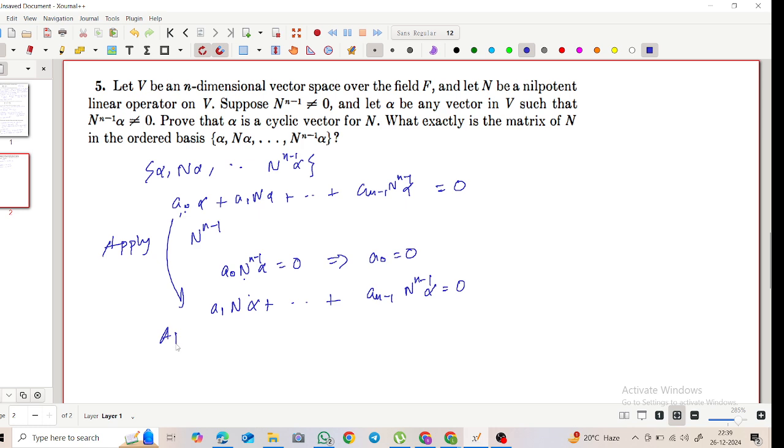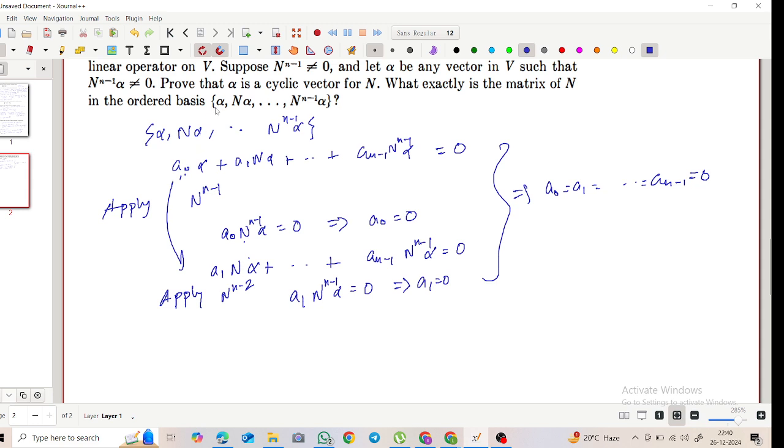Okay, now apply N to the power n minus 2. Now you get this implies a1 is 0, and doing this way you will get a0 equals a1 equals up to a(n-1) equals 0. So this is linearly independent. This is a linearly independent set of length n. So Z(alpha; N) is V because it has dimension n.